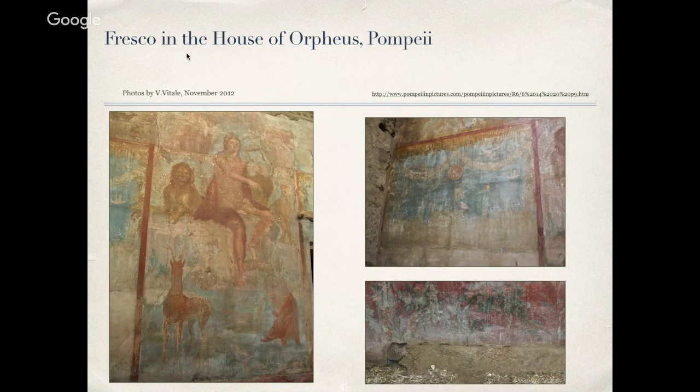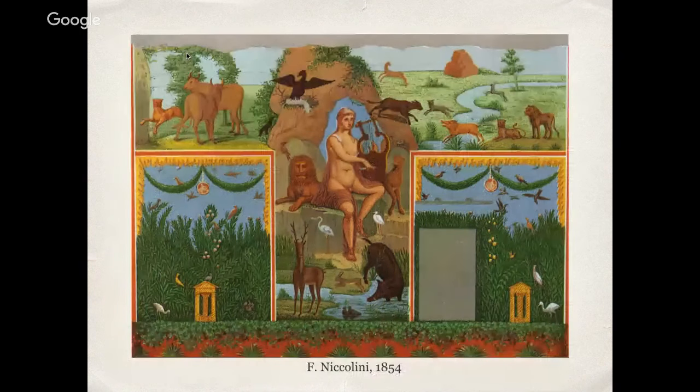So I was working on a hypothetical restoration of the House of Orpheus. So I did what everyone would do. I looked for documentation from past documentation of this fresco. And because Pompeii is by far the most copied, studied, represented site in the history of humanity, I would say, of course, I found a drawing of the fresco that was done when the fresco was still visible.